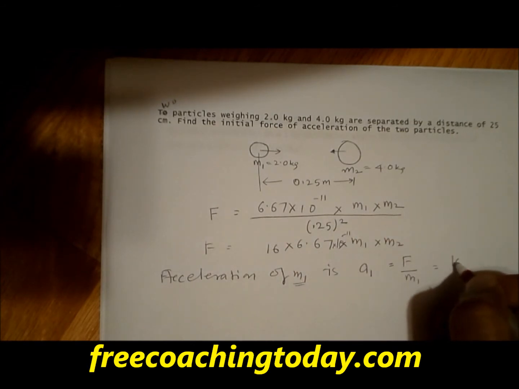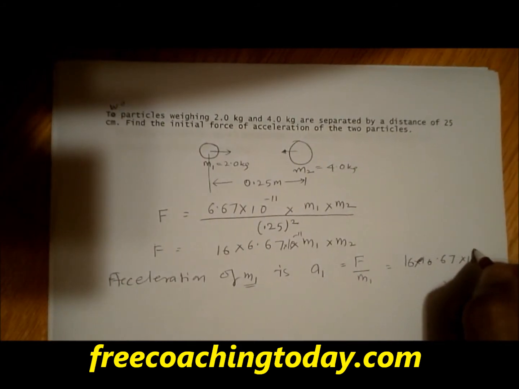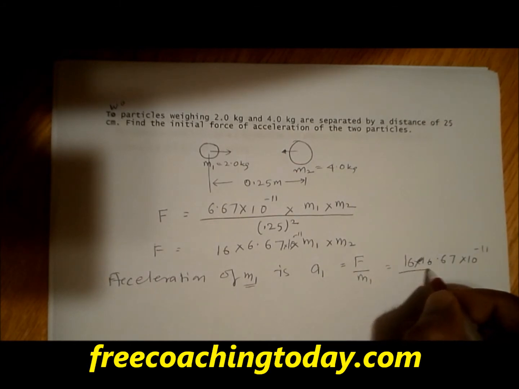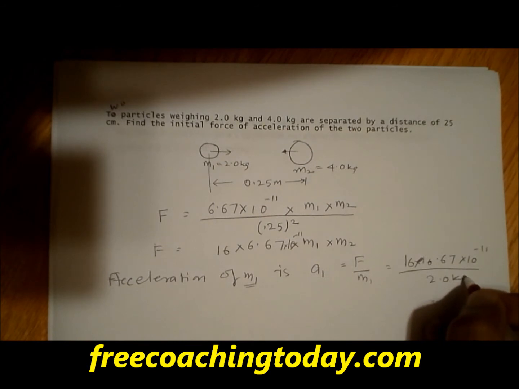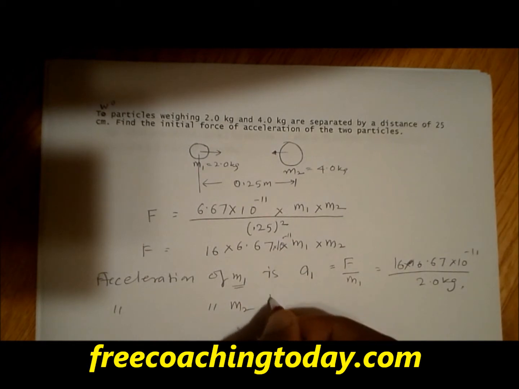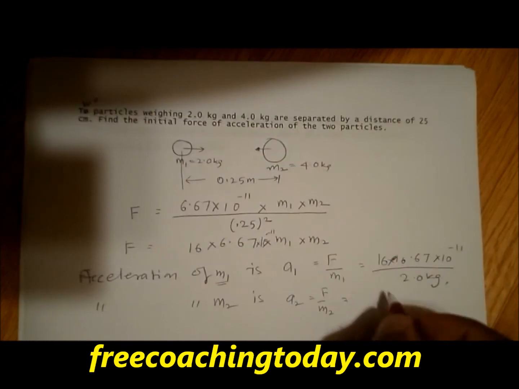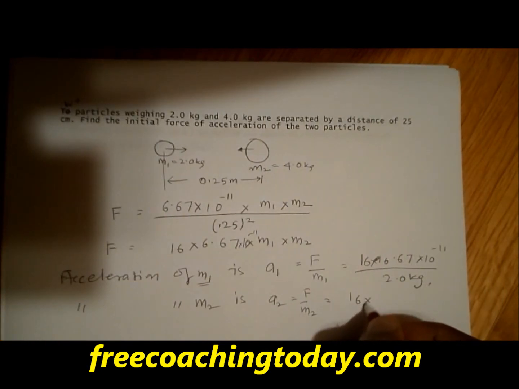So it's 16 into 6.67 into 10 to the power minus 11 divided by m1, which is 2 kg. Now the acceleration of m2, denoted by a2, is given by F divided by m2, and that will be 16 multiplied by 6.67 into 10 to the power minus 11 divided by 4 kg.